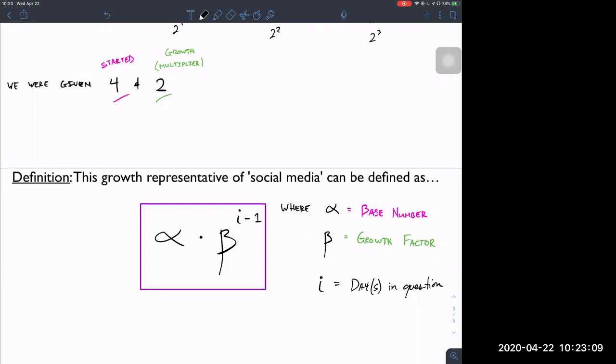What if I wanted to know the total number of people in the first number of days?